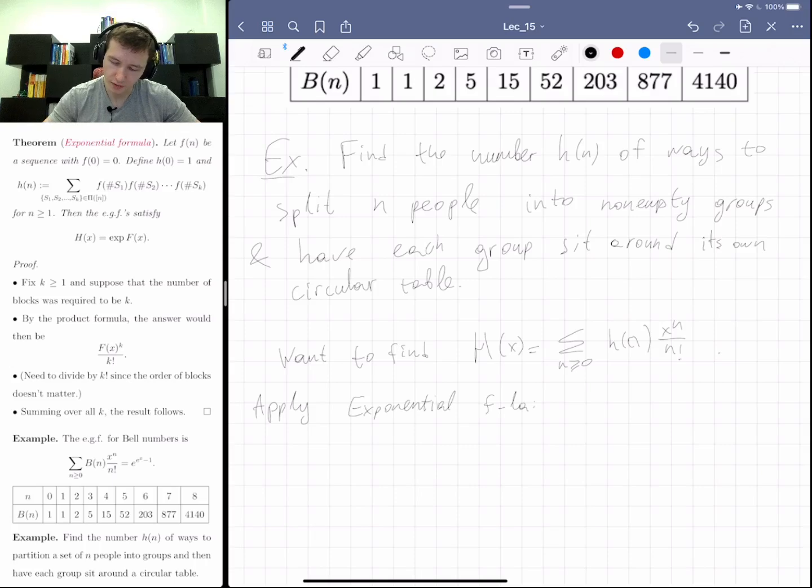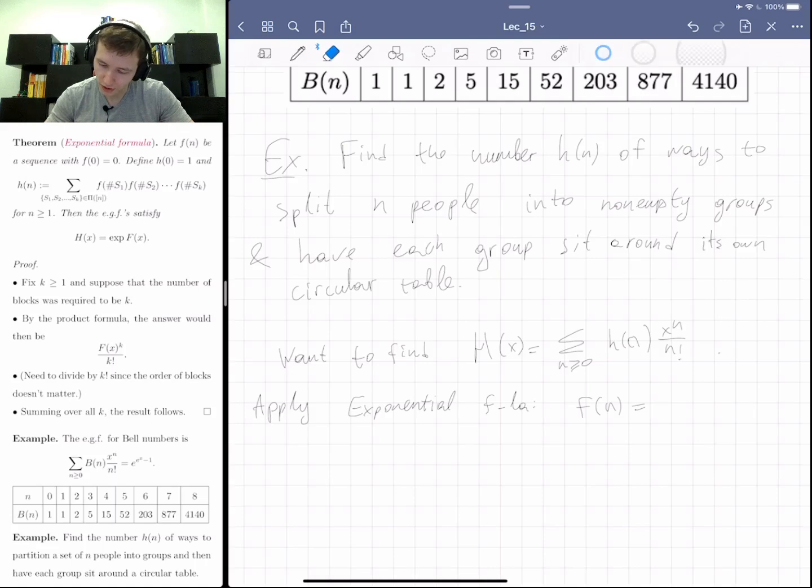So what is the sequence f of n? f of n is n minus 1 factorial.